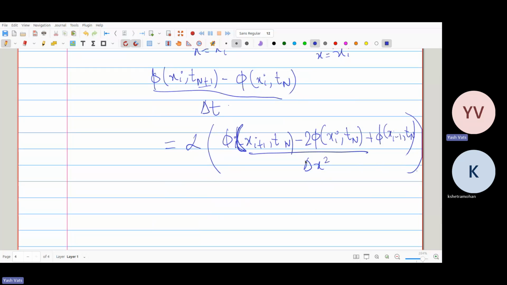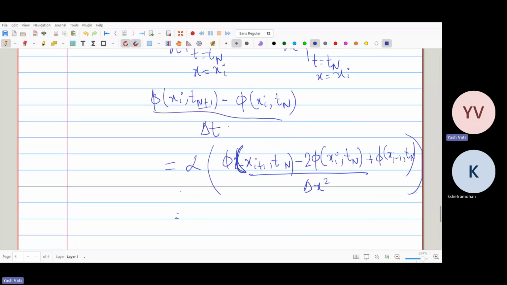Okay, so what does it look like? I just give a short form to it. I can write the space domain index in the subscript and capital N in the superscript. So it is phi_i^(n+1) minus phi_i^n, divided by delta t.